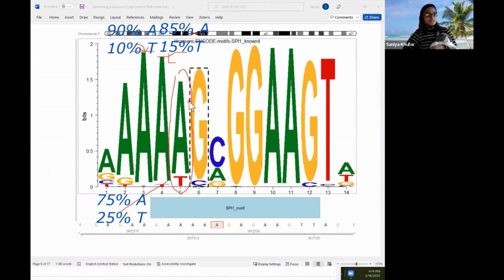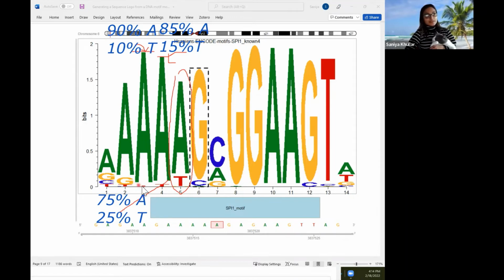So here, for instance, the height is less because, 75% chance for A, I'm just guessing in this case, 25% chance of T, and let's just say 0 for C and 0 for G. So we're less confident about A. I mean, A is still the majority, but we're less confident about it because it's 75%, but still a 25% chance of T. So this is much higher here, but the amount of information we know is a lot less.